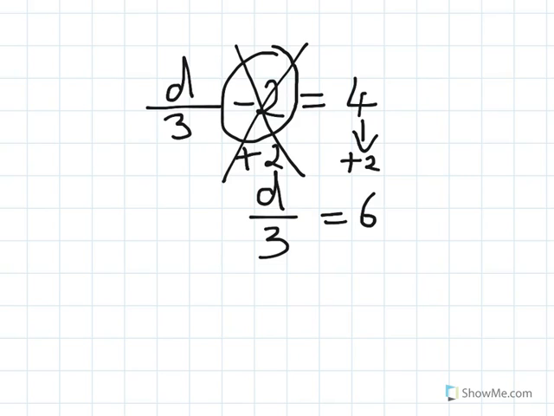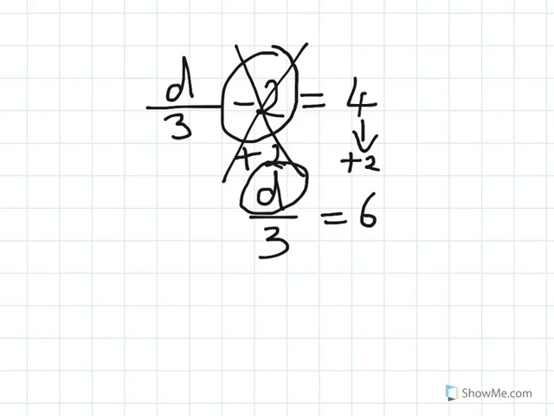Now we want to find the variable, d, and get it all by itself. But the 3 is getting in the way. The 3 is being divided by, so the opposite of divide is multiplication. So we want to multiply both sides by 3 to cancel out the 3.